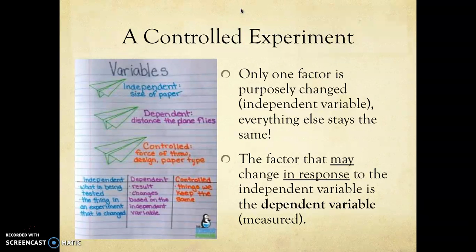So we only change one thing, we measure something, and everything else stays the same. So what we change is independent variable, what we measure is dependent, and it depends on the independent. So in this example, we're trying to test to see if the distance the plane flies depends on the size of the paper used. And then everything else is controlled.